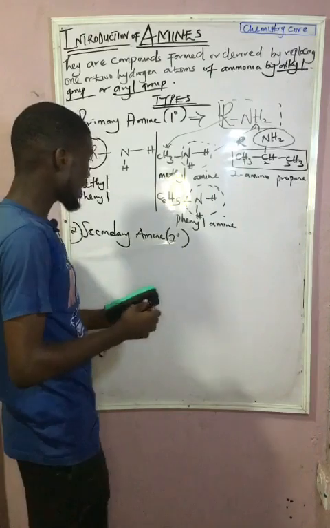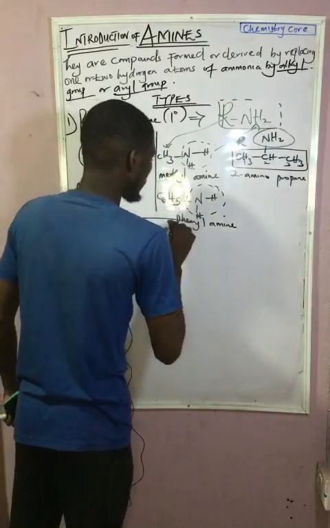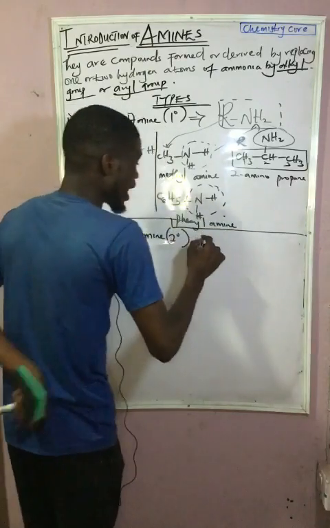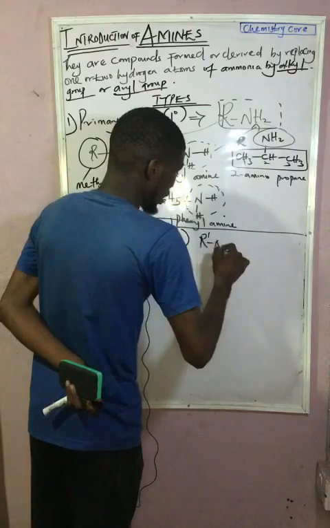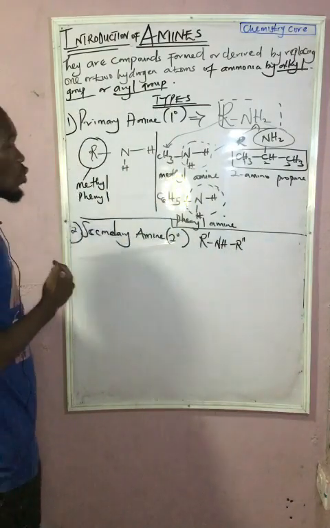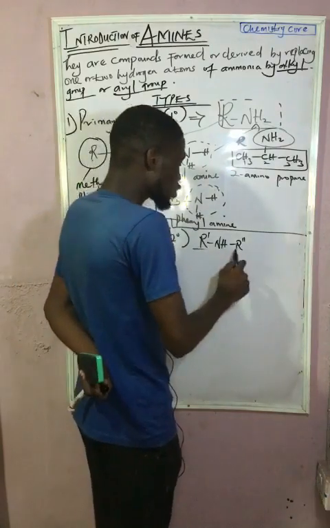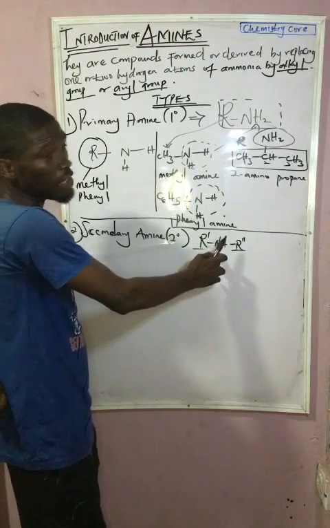So let's take a look at the formula for this. We have R prime, N H, then R prime prime. What does it mean? It means that we can have two alkyl groups attached to this amine.